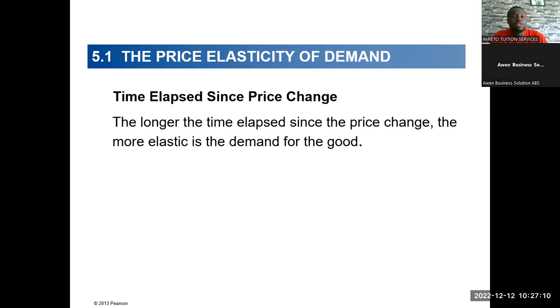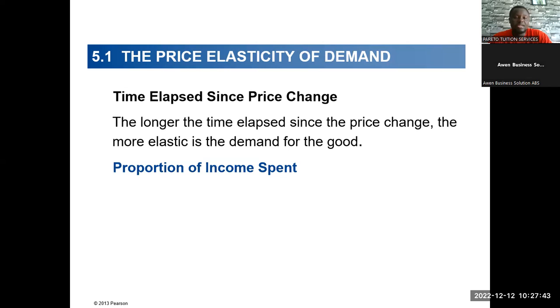If you don't go there again, you are being more responsive to the change in price, depending on the time that the price changed and the time that you wanted to buy the goods. So time is a very great factor when it comes to measuring elasticity. If the time span is very short, you become more inelastic. If the time is long, demand becomes elastic. Are we together? Very good.